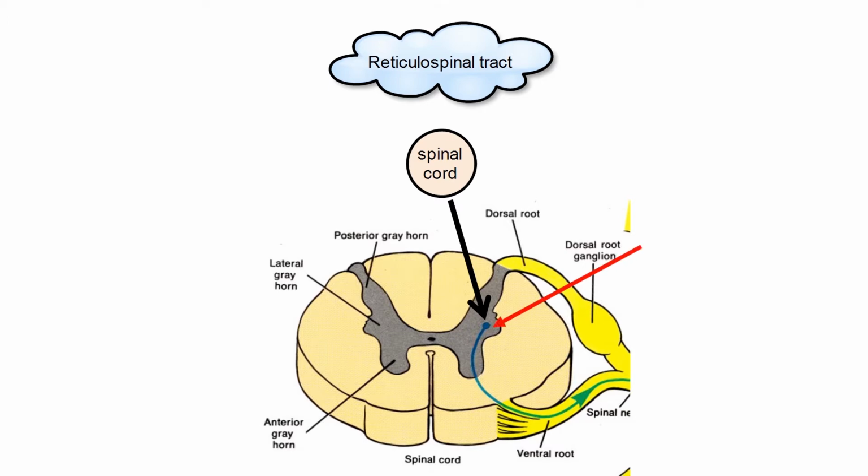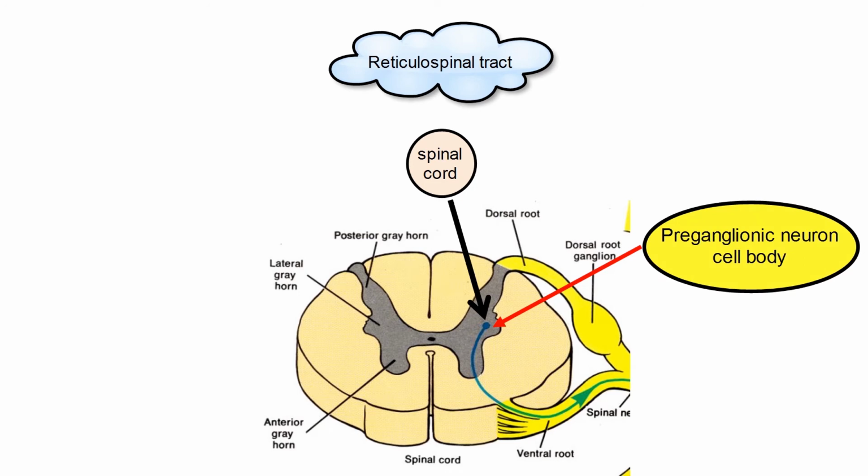What is next? This lateral horn cell is going to send an axon, and this is a preganglionic neuron cell body. So now we are going to leave the central part and go to the peripheral part.